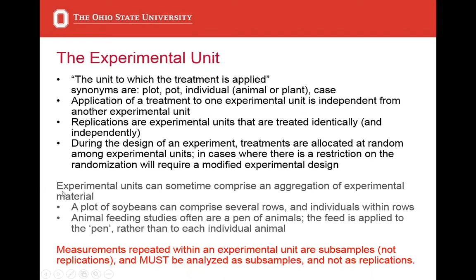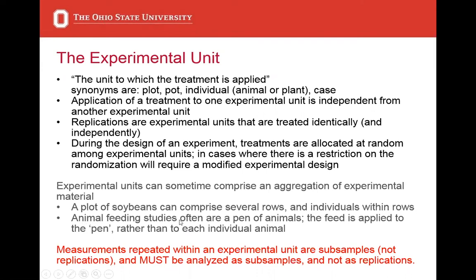In many cases, the experimental unit is fairly obvious, the pots or the plots. But in some cases, experimental units might comprise an aggregation of experimental material. Obviously, a plot of, say, soybeans comprises several rows and maybe hundreds or thousands of individuals within those rows.